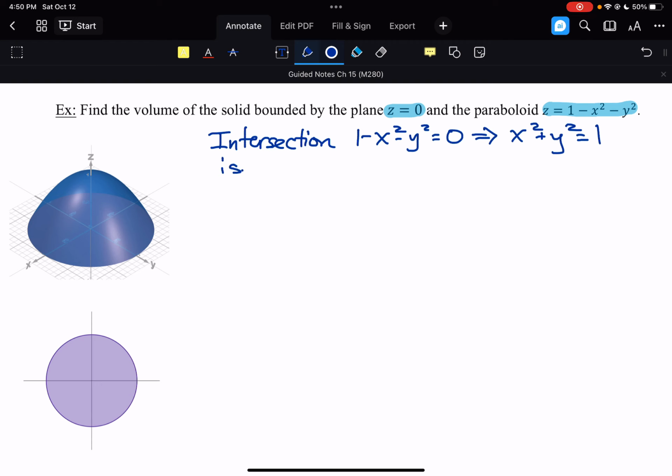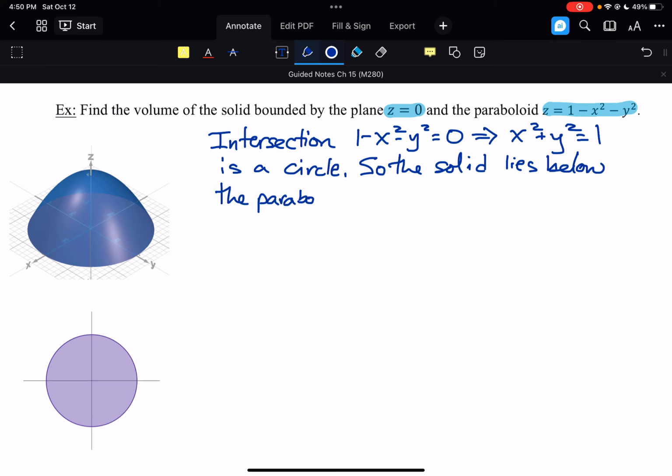So the intersection is a circle. So the solid lies below the paraboloid, and above, not just the circle, because the circle is just this outside edge here, but over everything inside of the circle.